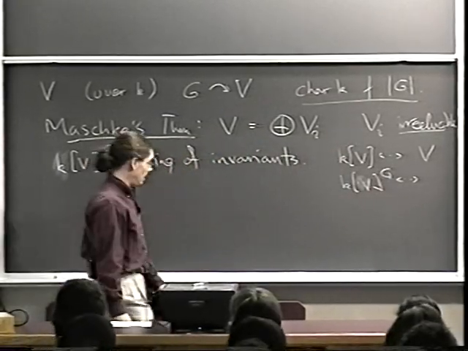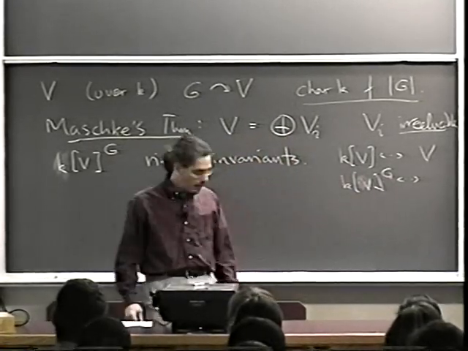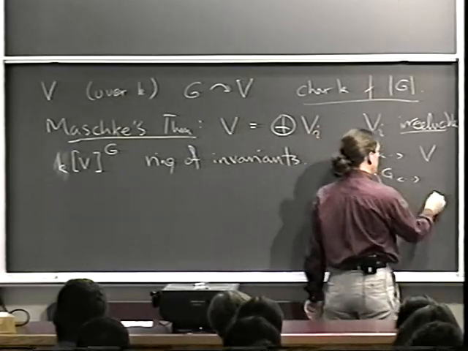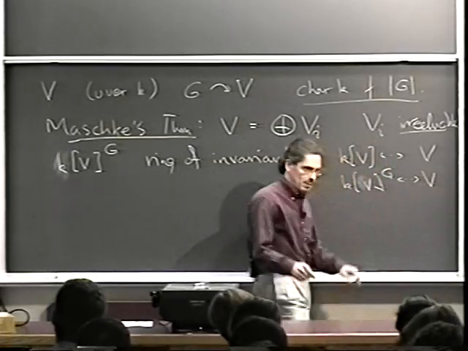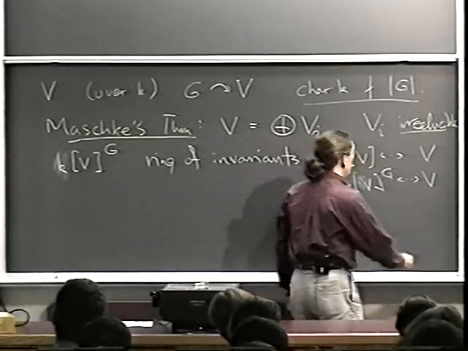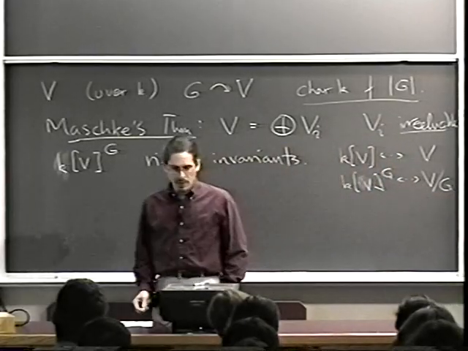Okay, so an invariant function really defines a function on the set of orbits. And there are always enough invariants for a finite group that you can distinguish the orbits: given two separate orbits, you could find a function that's 1 on this one and 0 on that one. So you can think of these really as functions on V mod G, right?